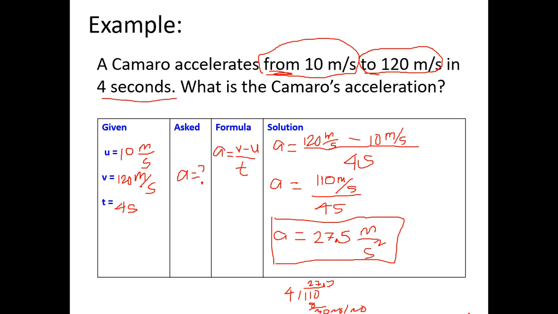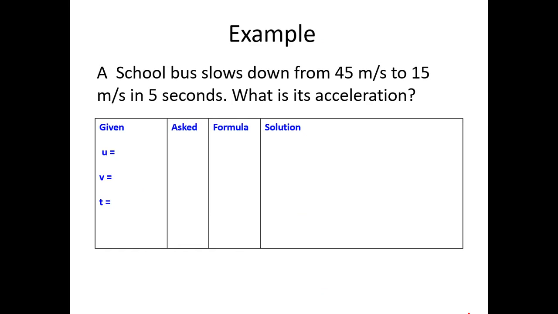All right. Moving on. Now, in this particular problem, it's a little bit different because the problem goes this way. A school bus slows down. So now it's slowing down from 45 meters per second to 15 meters per second in 5 seconds. What is its acceleration? So we have here these two speeds.